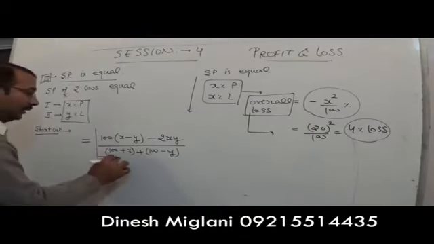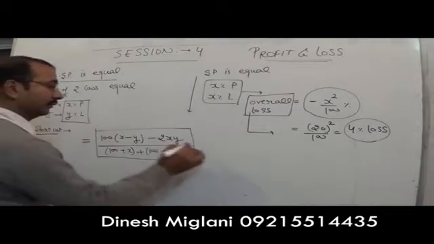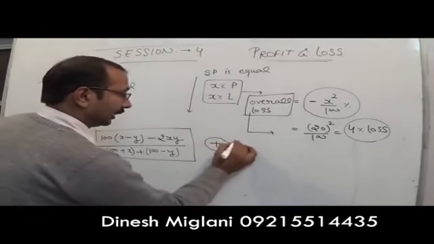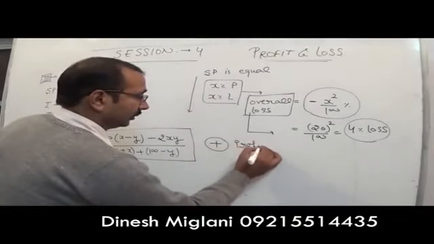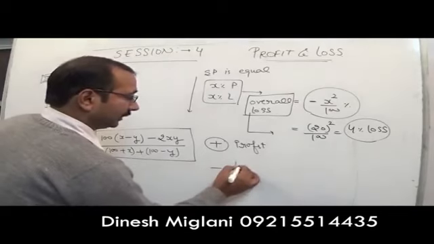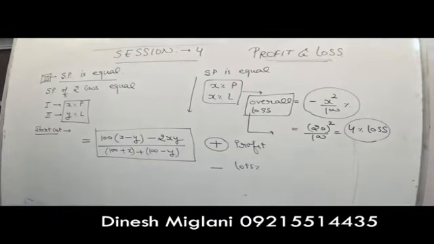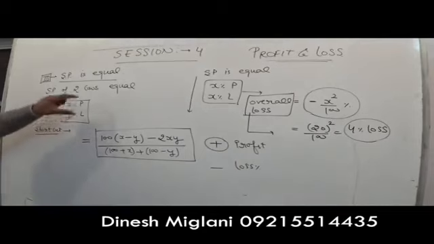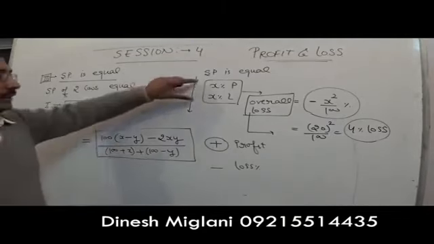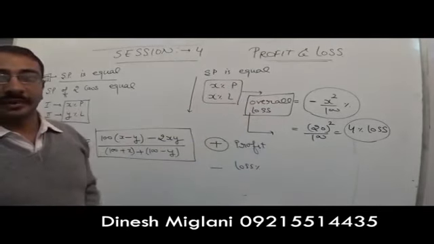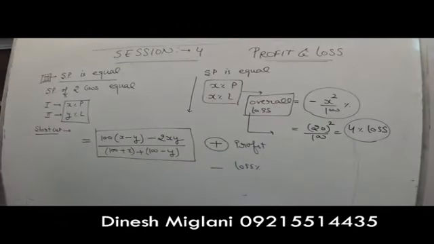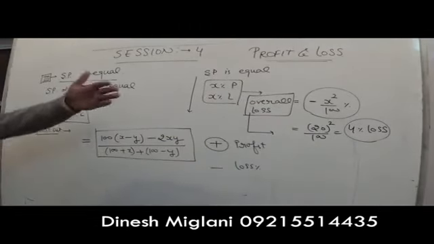If the sign of the result is positive, it means it is profit percent. If it is negative, it means it is loss percent. In case there is a difference between the profit and loss percentages, we can apply this formula. If both are the same, we can apply X square by 100% loss, where every time there would be a loss.